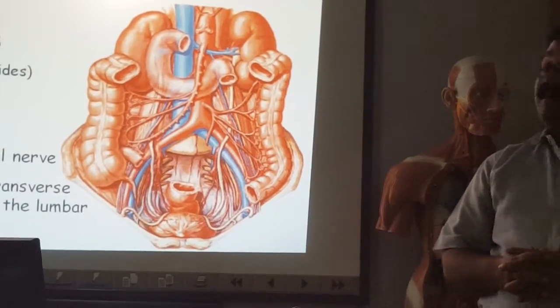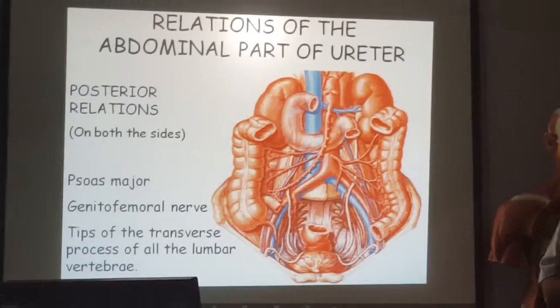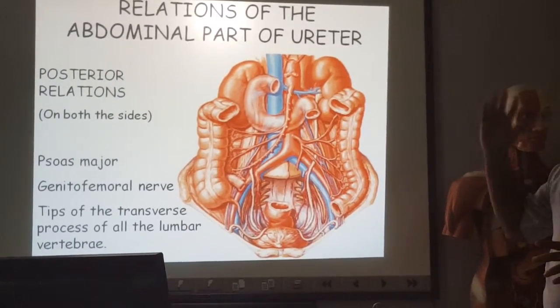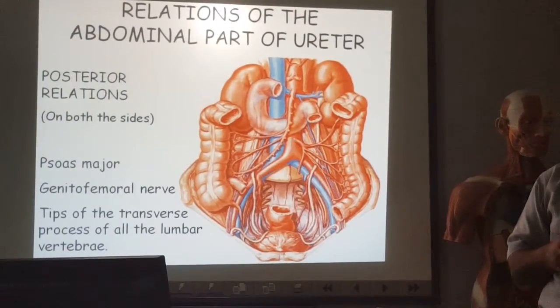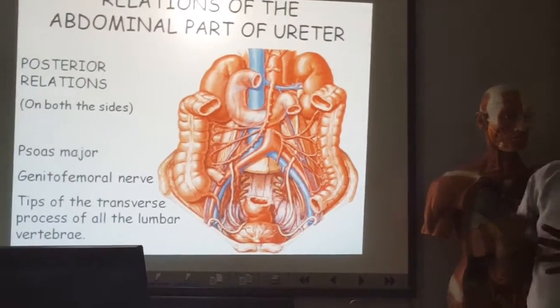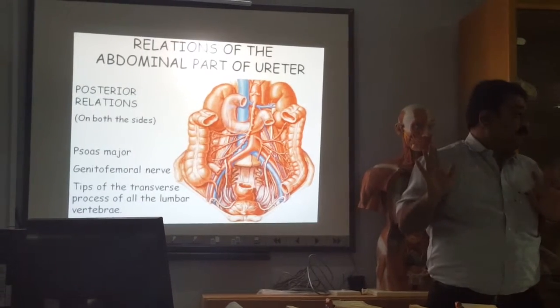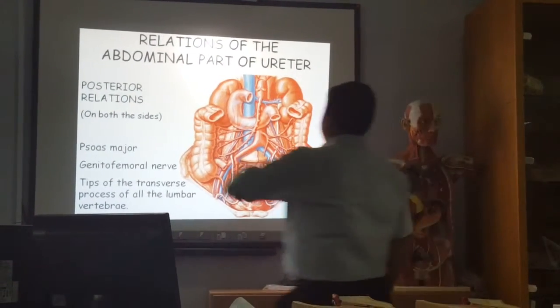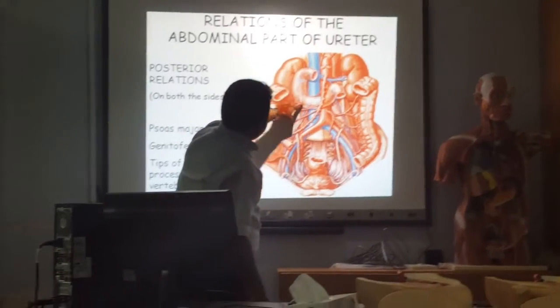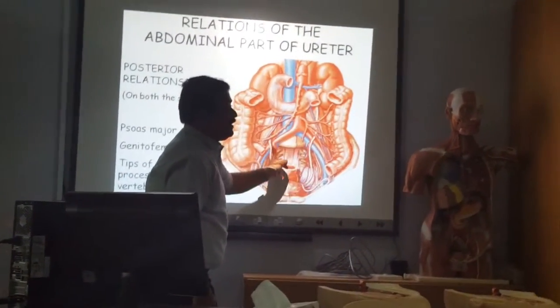Next is about the relations of the abdominal part of the ureter. The posterior relations are the psoas major, genitofemoral nerve and the tips of the transverse processes of the lumbar vertebrae. Here on either side these are the ureters, left and right ureter.